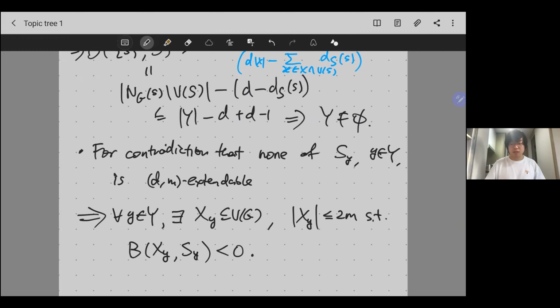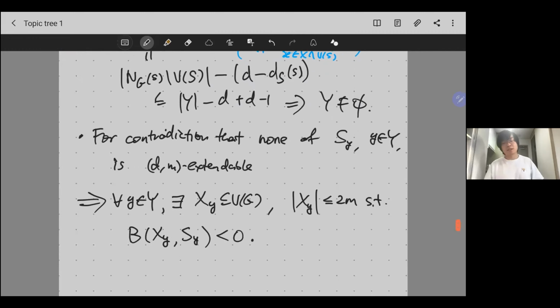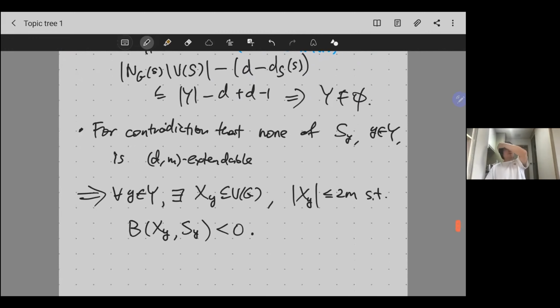This is what it means that S sub y is not extendable. Then we will play with this capital X sub y and derive a new set which has negative balance with respect to S, which will give us the contradiction that S is an extendable subgraph.